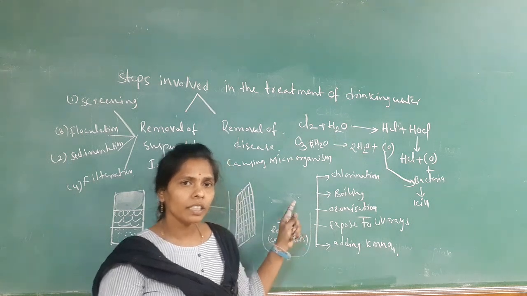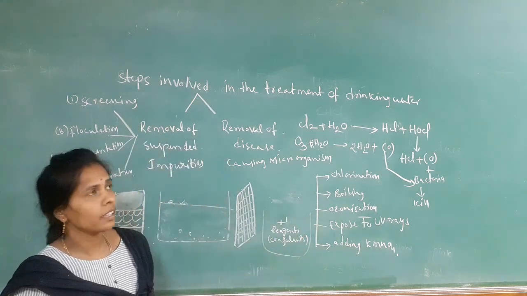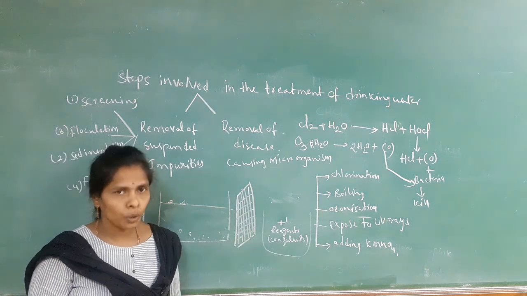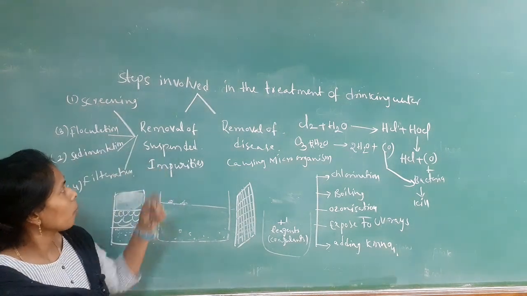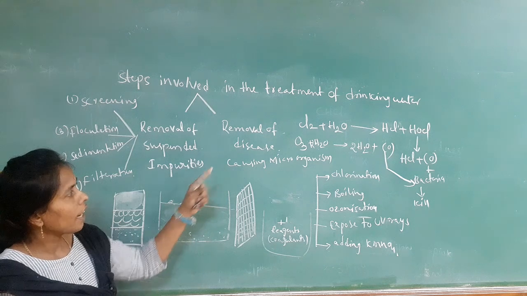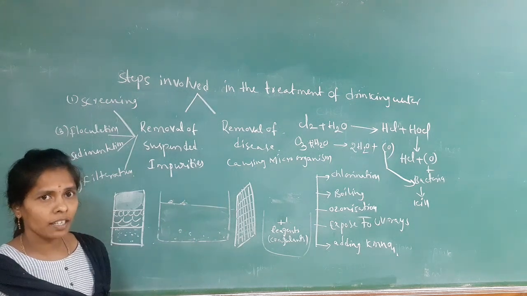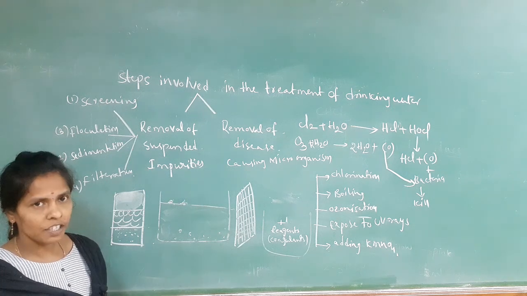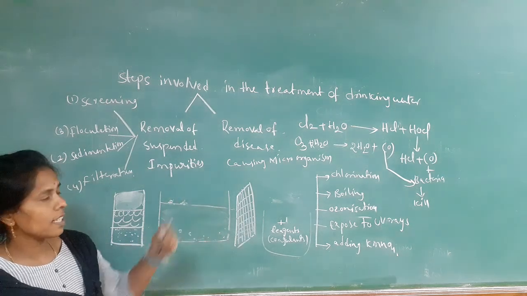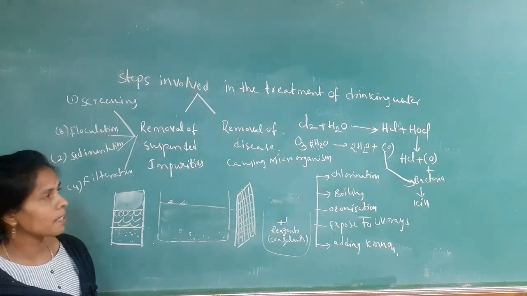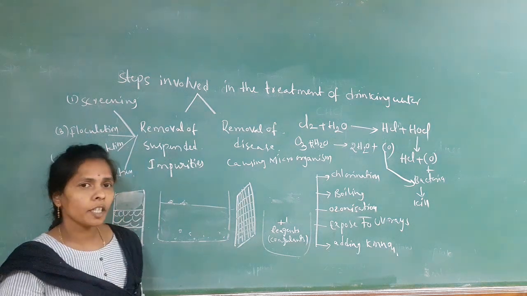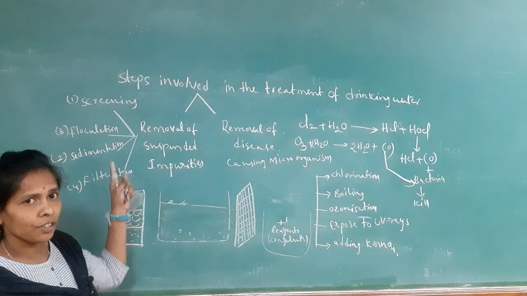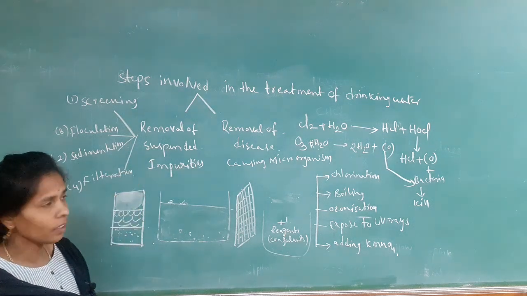So these are the steps involved in the treatment of drinking water. We have two steps: removal of suspended impurities and removal of disease causing microorganisms. The second step is also called the sterilization process. In removal of suspended impurities, we have 4 steps: screening, sedimentation, coagulation and filtration.